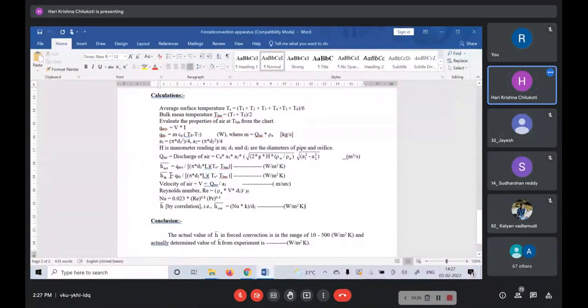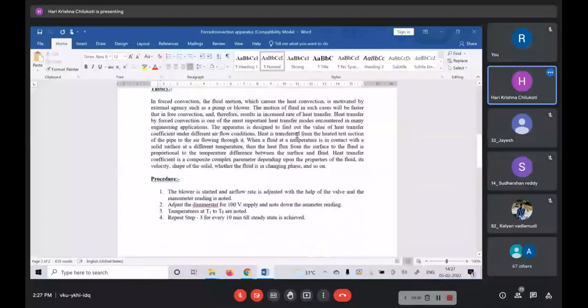This forced convective heat transfer coefficient depends on several parameters, that is, the flow conditions. It depends on the properties of the fluid and its velocity, as well as the shape of the solid, and also whether a phase change is involved or not.